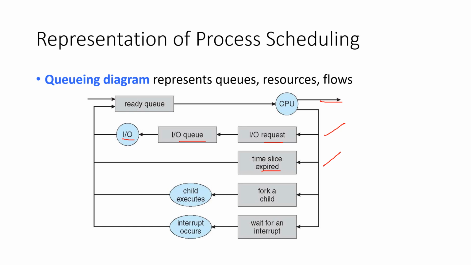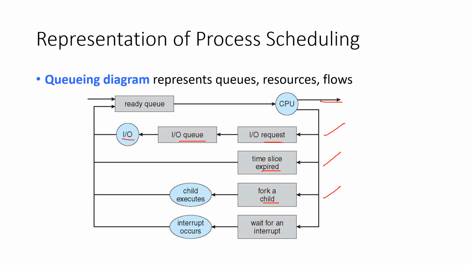The other case may be that this process starts another process, a child process. We call it fork a child. Fork a child means one process creating its child process. For example, when we download a file from the internet, we open that file from the browser's download list by double clicking it.